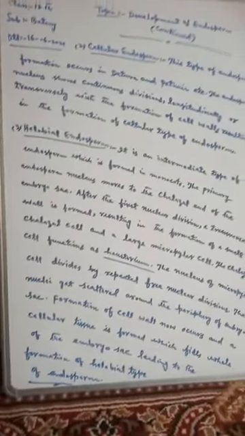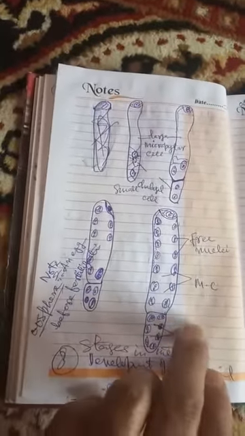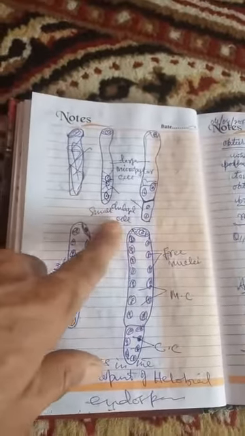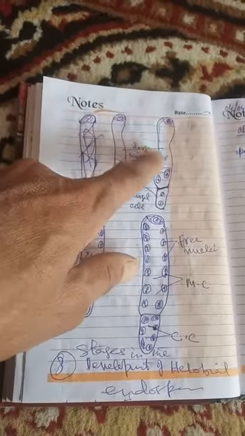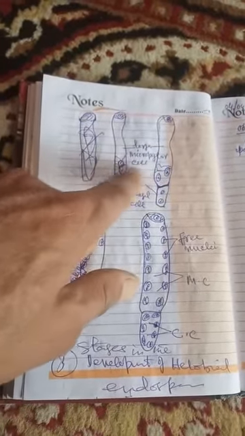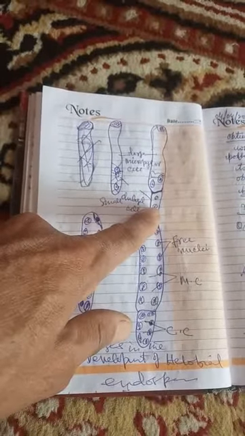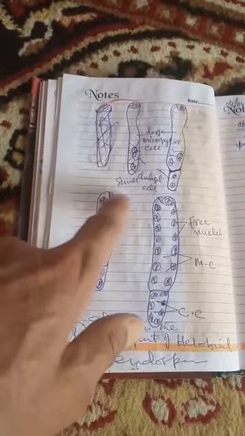So this was all about these two types of endosperm, cellular endosperm and halobial endosperm. These are the diagrams of the halobial type of endosperm. First you see when the division occurs at the micropylar end of the embryo sac, there is a large micropylar cell, and here is the small chalazal cell. So these are the nuclei at the periphery of the embryo sac.